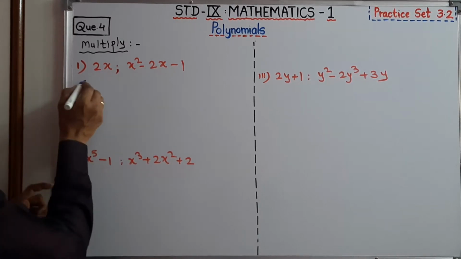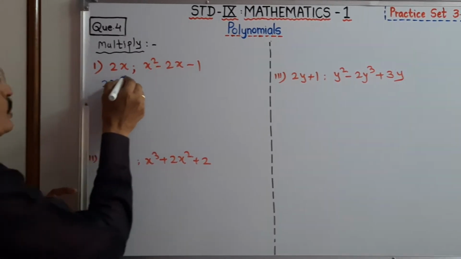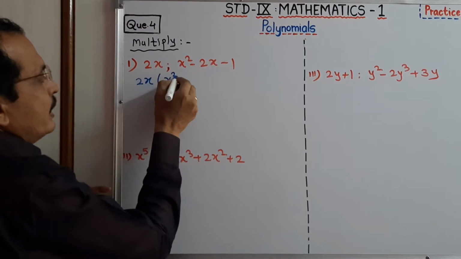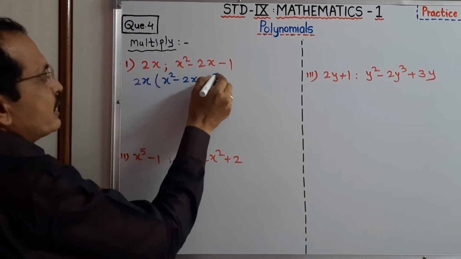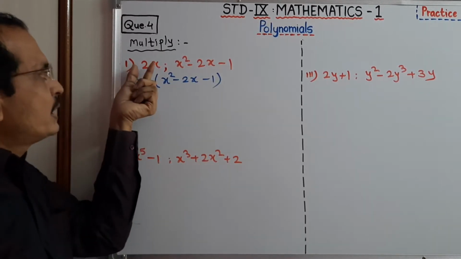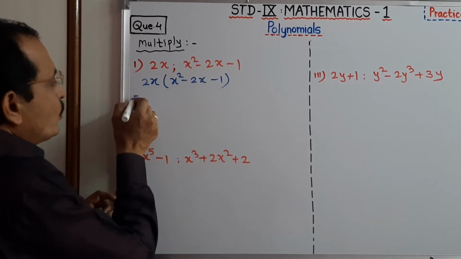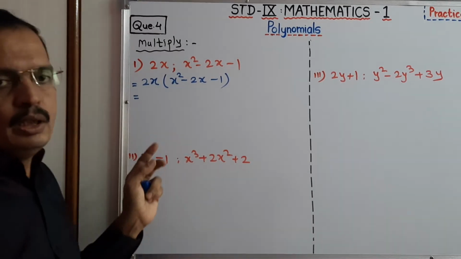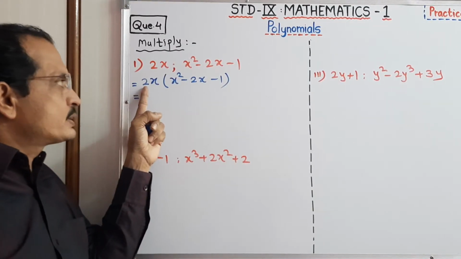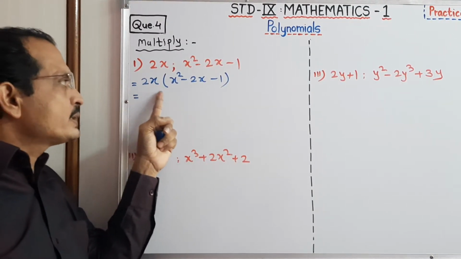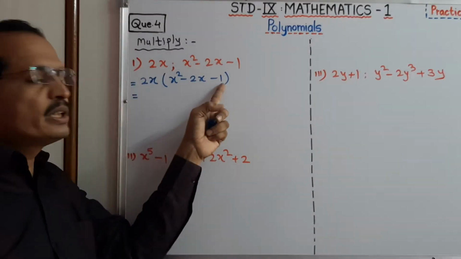We have to multiply, therefore we have to write like this: 2x in bracket x square minus 2x minus 1. We have to multiply this polynomial with this, therefore we have to write it in bracket. Now what we have to do? We have to multiply this 2x with this x square, 2x with this 2x, and 2x with this minus 1.